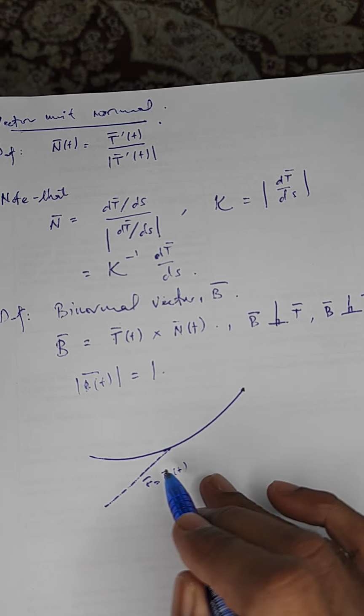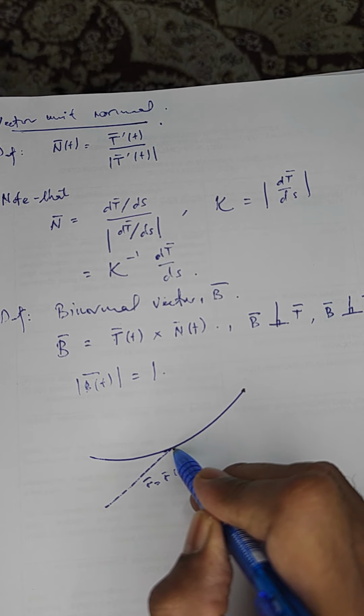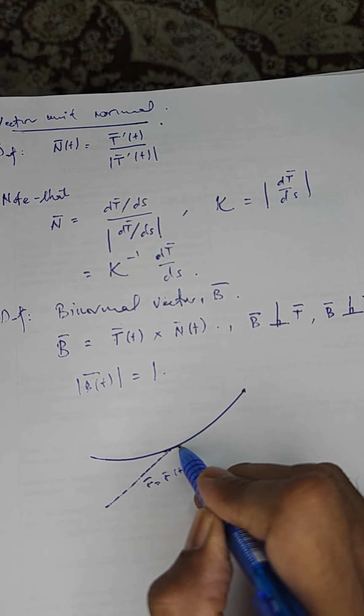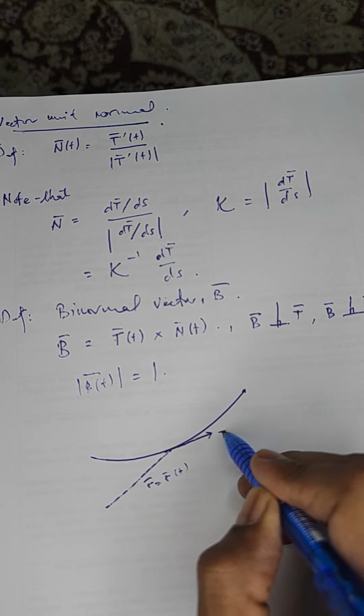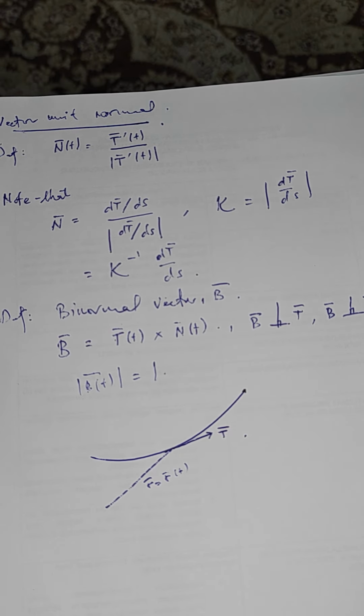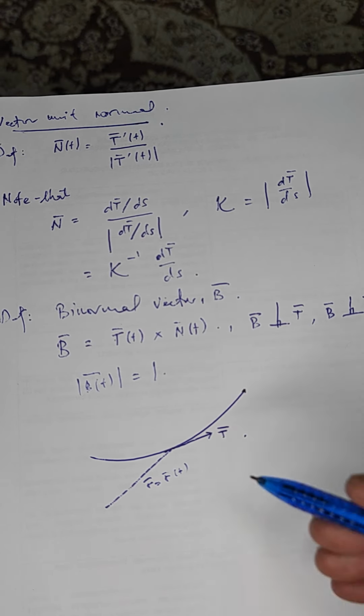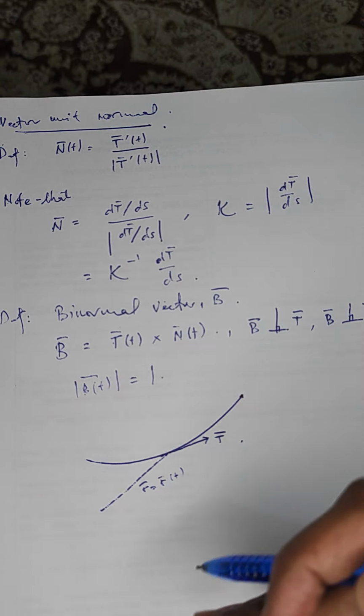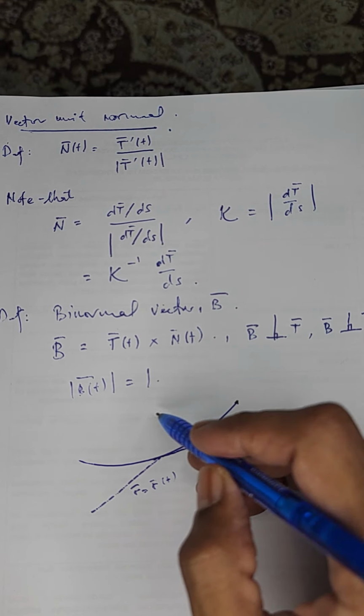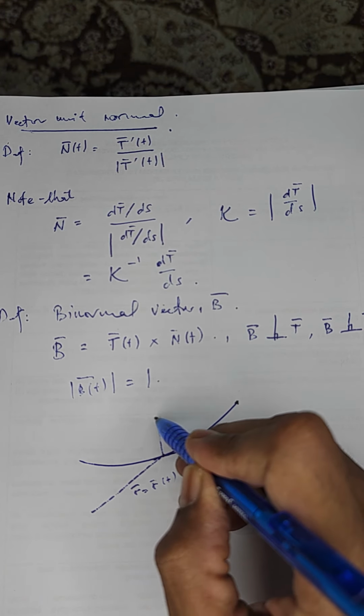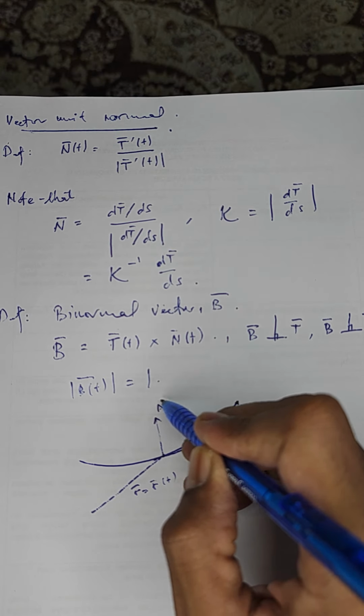Then the vector unit tangent, we have tangent to that at point P, so this is the vector unit tangent. Then the vector unit normal is given as that. So this is your N.